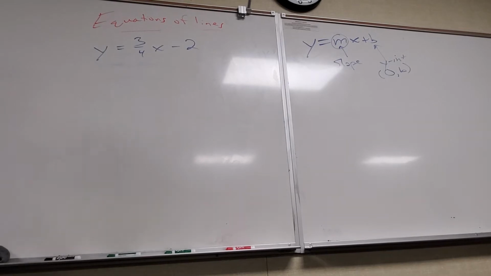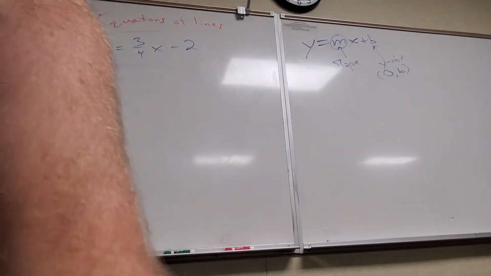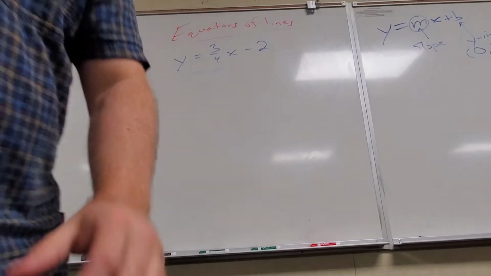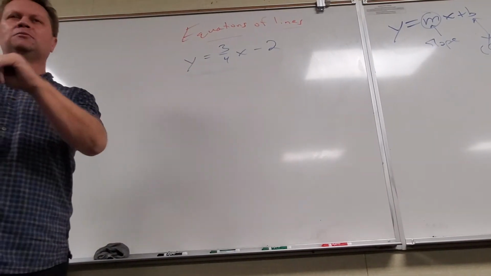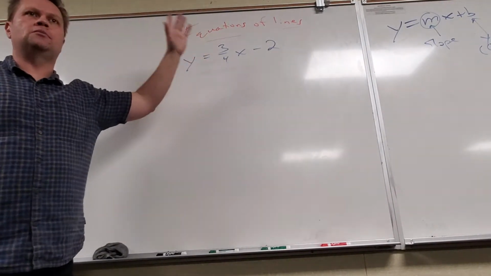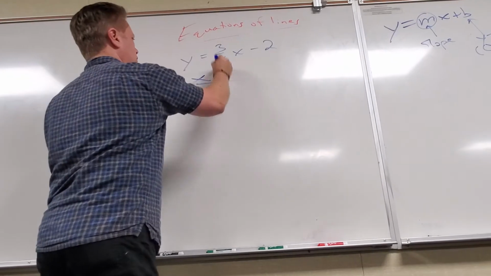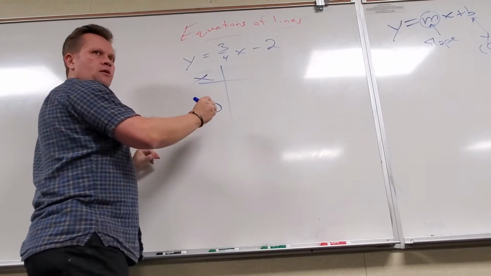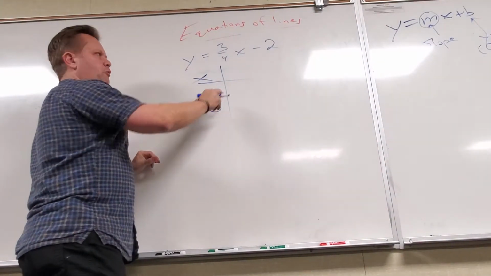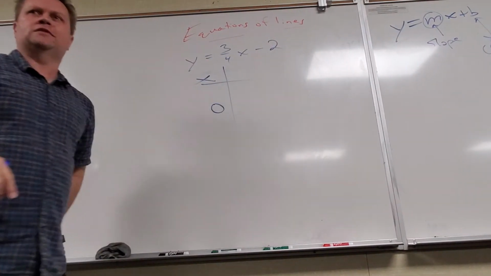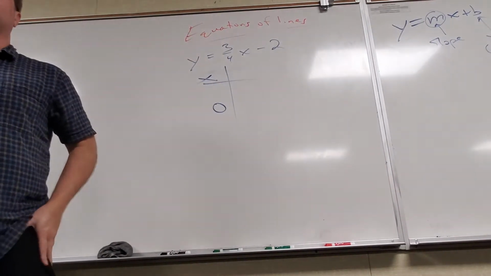So just to remind you guys, when you're constructing a table, you have control, not complete control, because you have to live within the equation, but I'm definitely going to put 0 in. But would I put 1 in here if I wanted to be nice to myself?